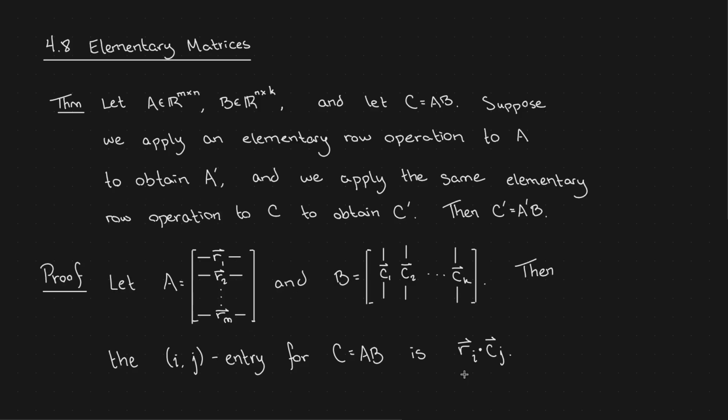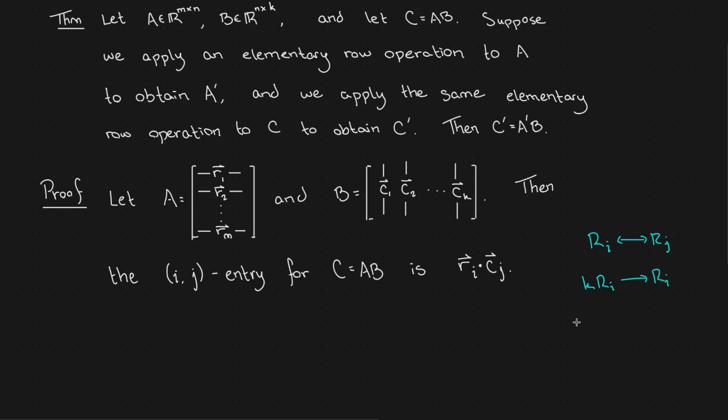What we want to do here is consider each kind of elementary row operation one at a time and prove that this property holds. We have three elementary row operations. We can swap two rows. We can multiply one row by a non-zero constant.